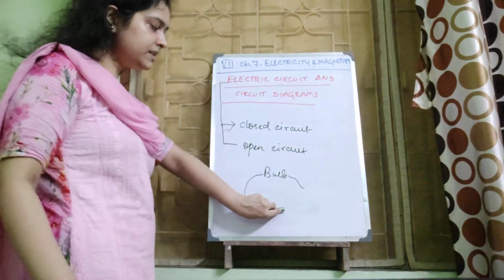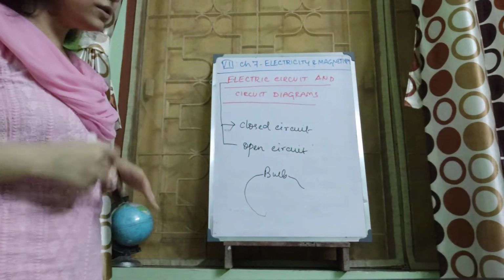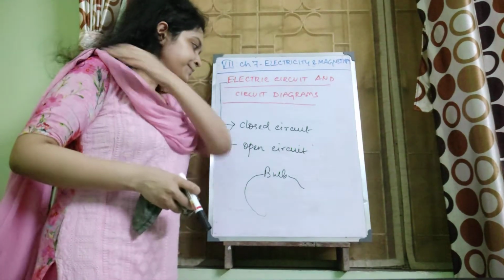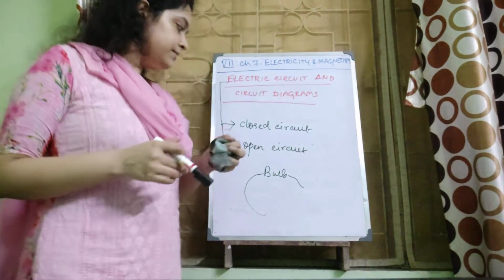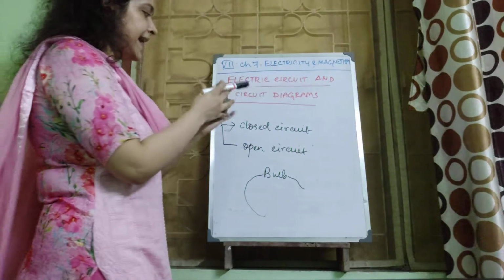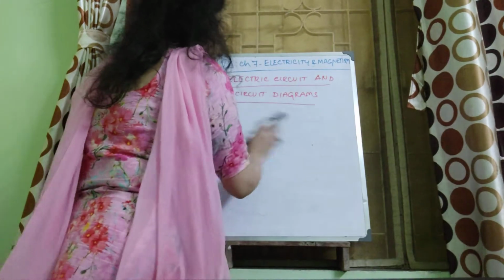Current cannot flow through an open circuit. Current can flow through a closed circuit. So basically, closed circuit is when there is no break in the path of current.